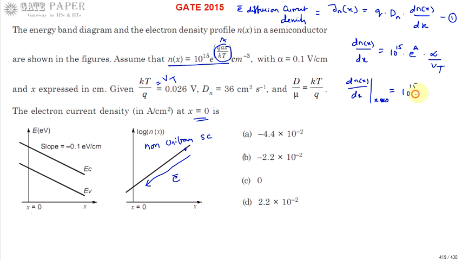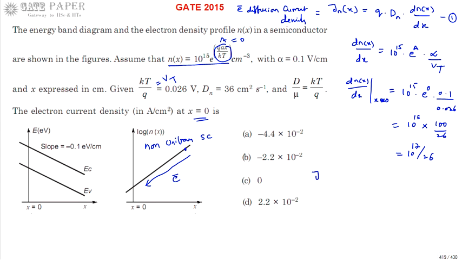This is 10 power 15 into e power 0 into alpha, which is 0.1, divided by Vt, which is 0.026. So this value is 10 power 15 into 100 divided by 26, which equals 10 power 17 divided by 26.